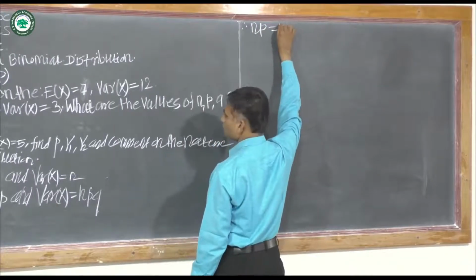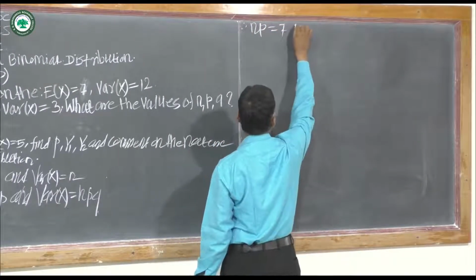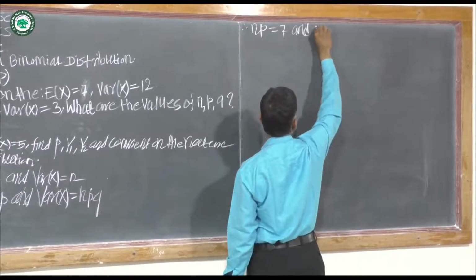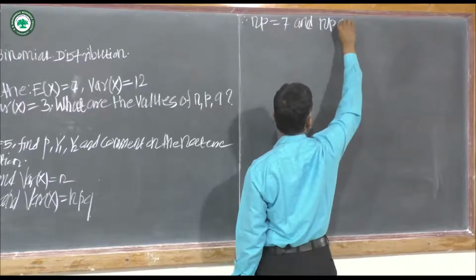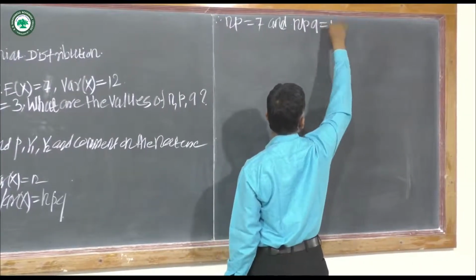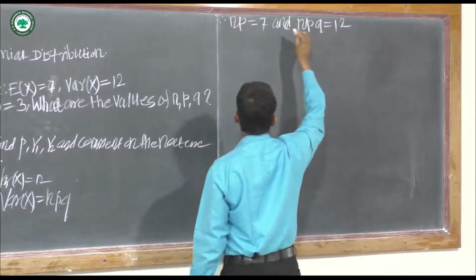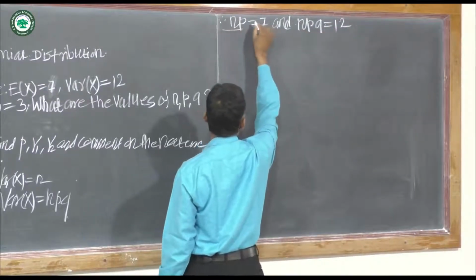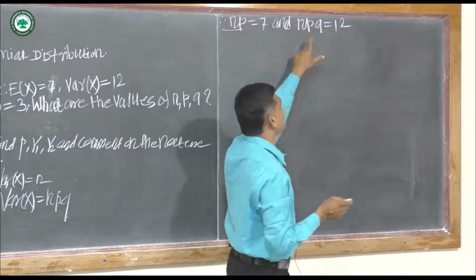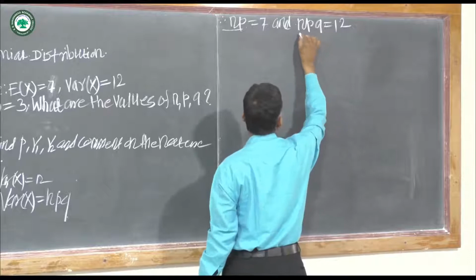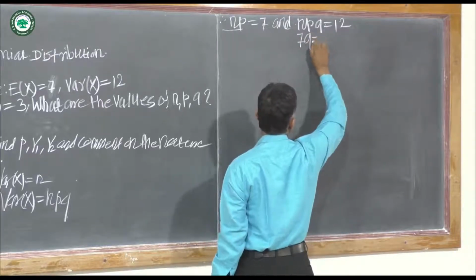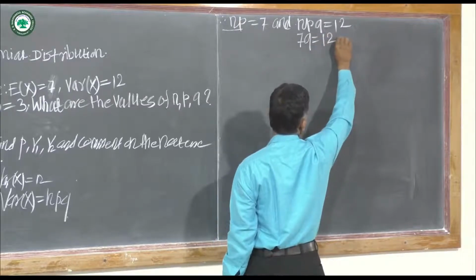Therefore np is equal to 7 and npq, the variance of random variable X, is equal to 12. Here np is equal to 7. Now put the value of np in the variance, then we have 7 into q is equal to 12.